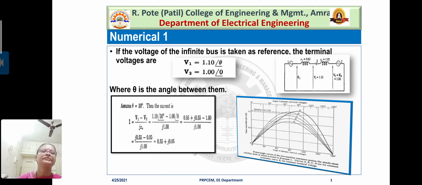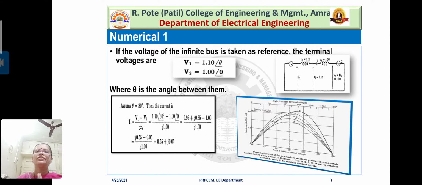On the rightmost scale you can see the angle theta. The Y-axis is the power transmitted in per unit, and the X-axis is the angle delta. Okay, so we are going to understand these power angle curves to illustrate the importance of control of excitation voltage and angle theta for a responsible power system engineer.